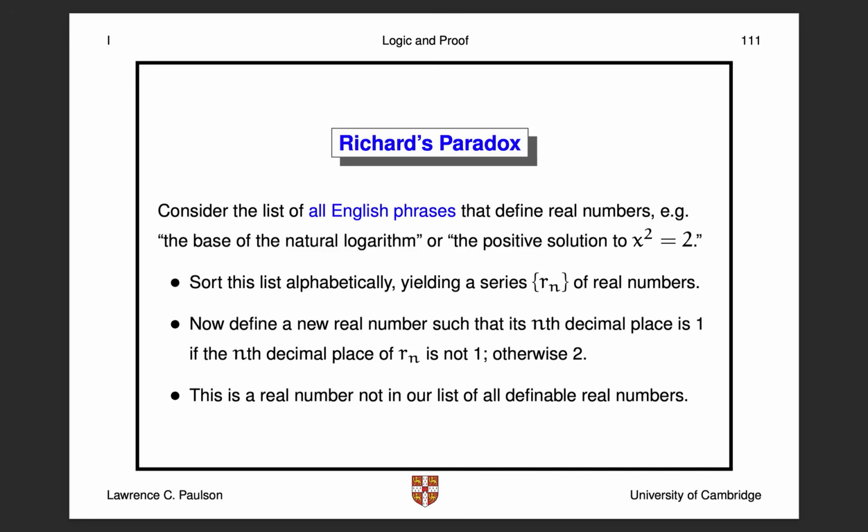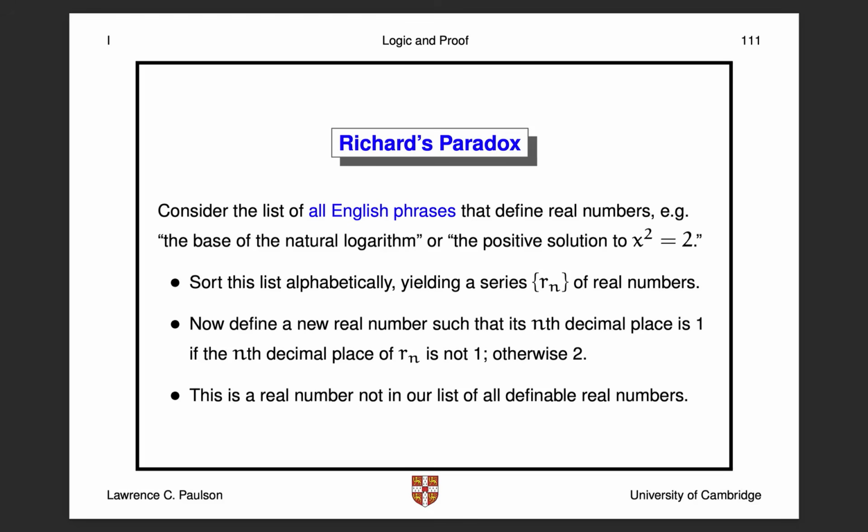And we can imagine this list being sorted. So there are some difficulties here. And incidentally, I'm not claiming this is a computational process. It is not. We are dealing with infinite numbers of things, but nevertheless, one can conceive of this set of phrases organized alphabetically. In fact, you need to organize them by their length first and then alphabetically. And when you do that, you will get a set of real numbers.